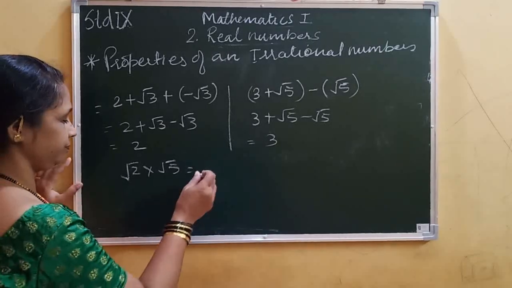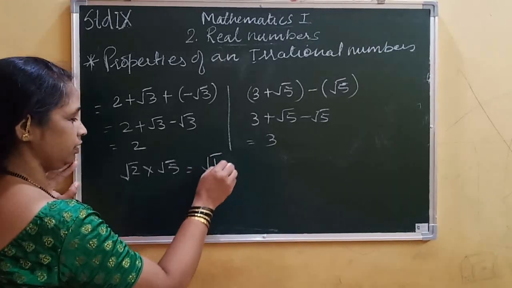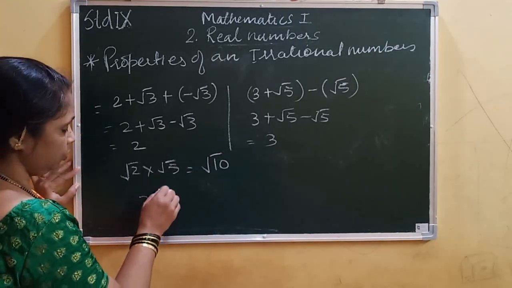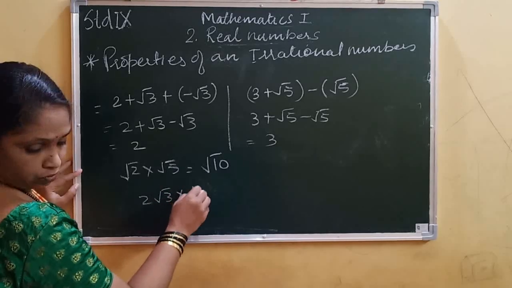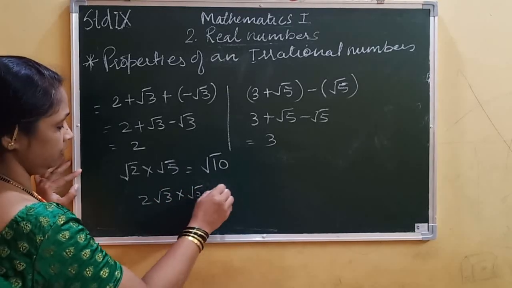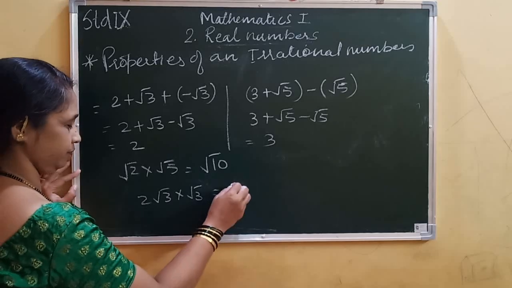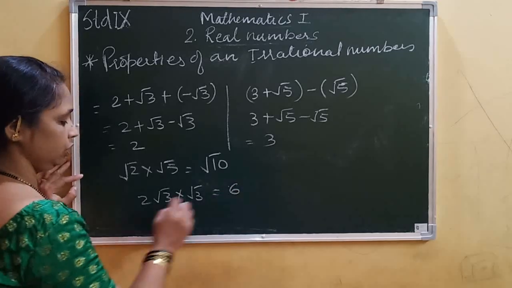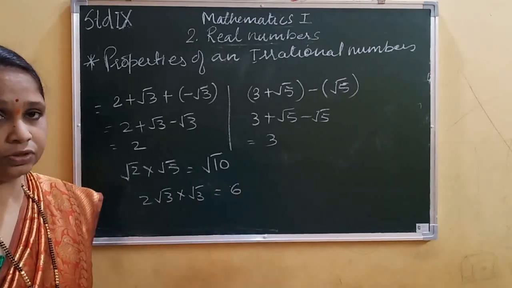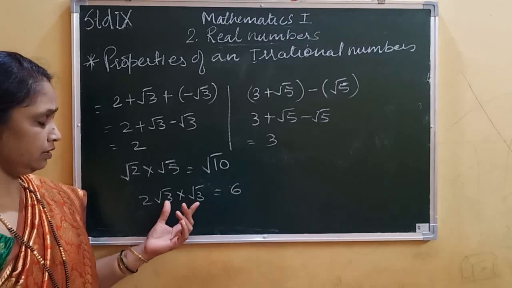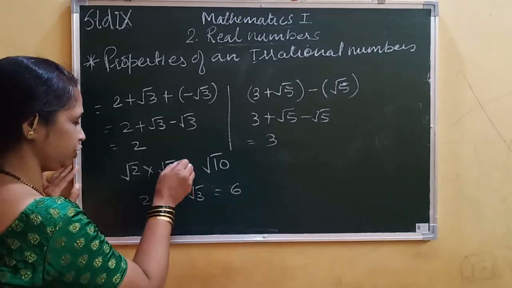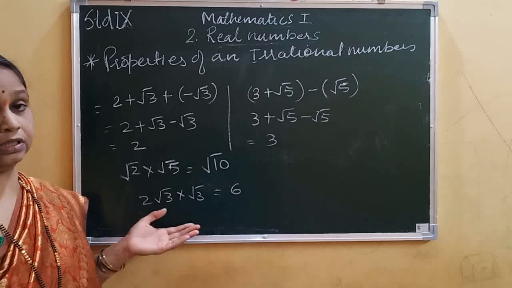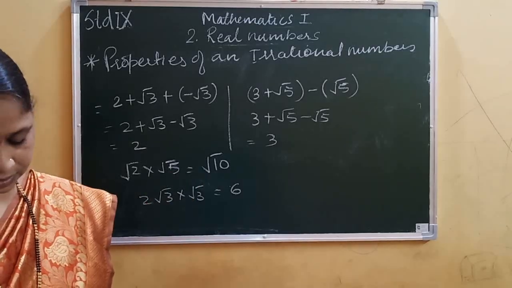It is root 10, or what you can say root 3 into root 3. So it will be what? 2 into 3, that will be equal to 6. We will learn the multiplication of these surds in the next part.